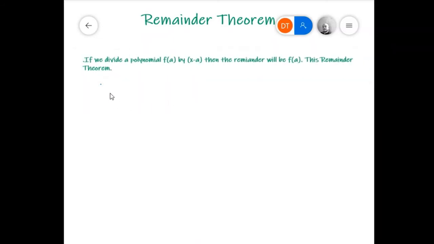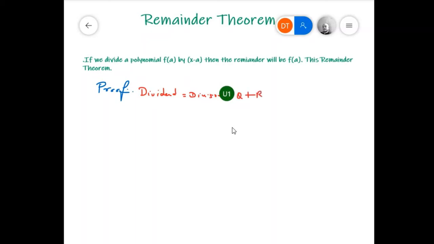How will you prove it? For that you should know the relation between the dividend and the divisor. We will use that concept only. Let's prove it. We know that dividend equals divisor into quotient plus remainder.